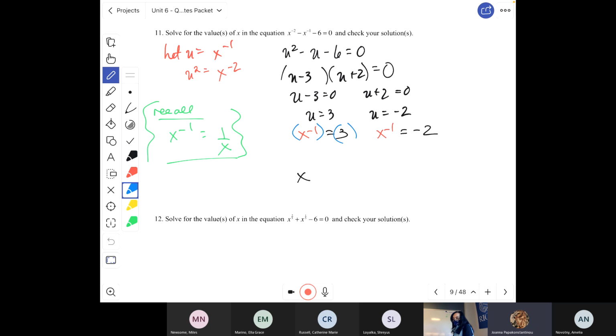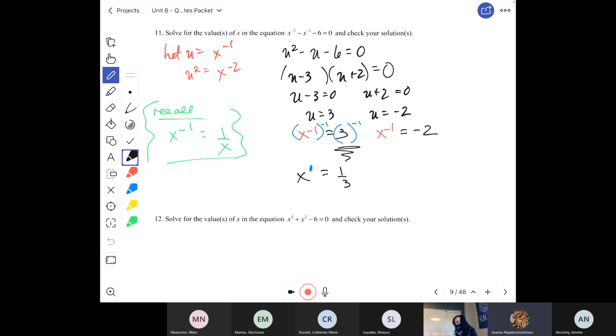What power? How am I going to get an x to the 1? Negative 1, right? Power to a power says I keep the base and I multiply the exponents. For me to get a power of 1 for x, I'm going to have to raise the left-hand side to the negative 1 power. Does everybody see that if I'm using that rule? So if I'm raising the left-hand side to the negative 1 power, I'm raising the right-hand side to the negative 1 power. So that means x equals what?